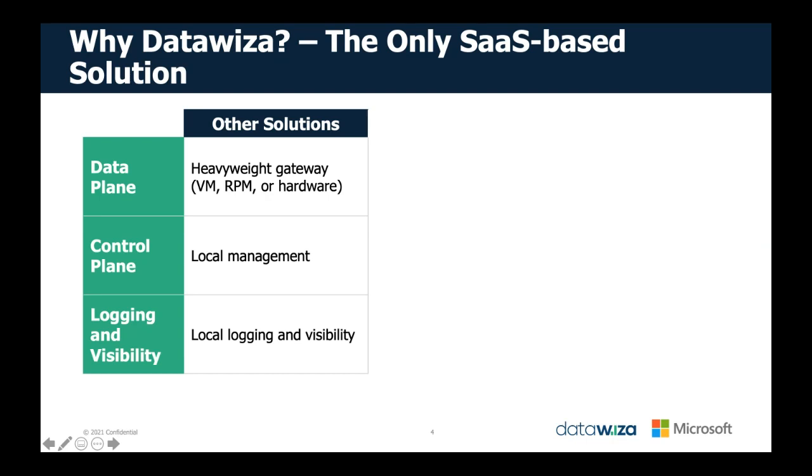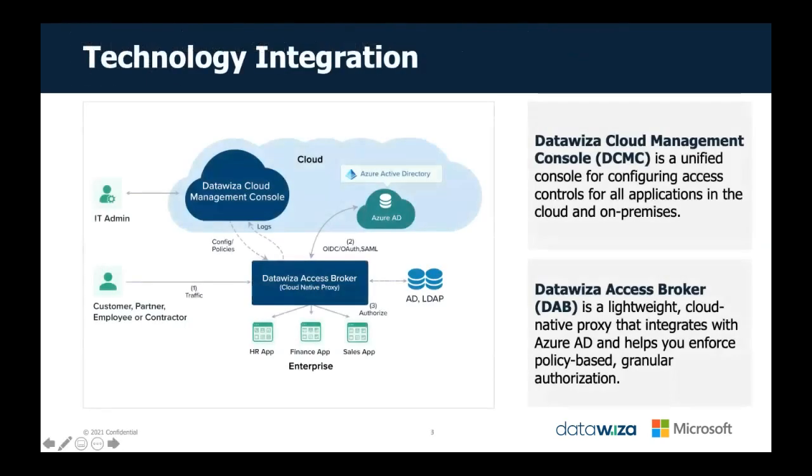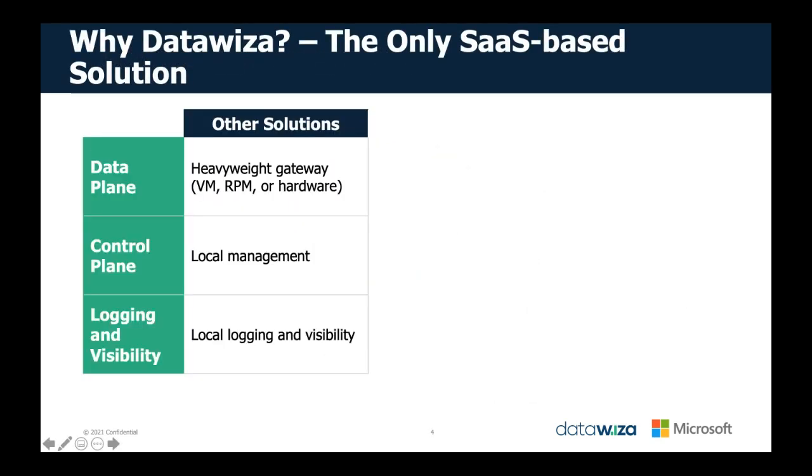So we think those are last generation technologies. Also, the control plane is sitting together with the data plane, not like what we have here, right? Our control plane is here, data plane is here, they are separate. But for other solutions, their data plane, control plane, and even logging are sitting together in the same VM or hardware or server, as you can see here.